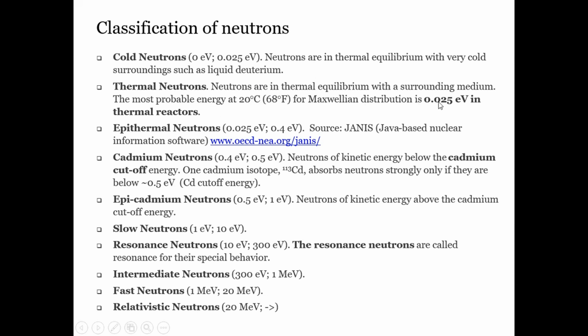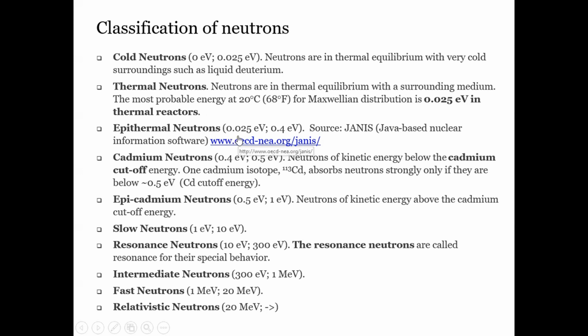For the Maxwellian distribution, the average energy is equal to 3/2 kT, where k is the Boltzmann constant and T is the temperature. If you substitute the temperature value and the Boltzmann constant, you get the average energy in joules, and converting joules into electron volts, you will find 0.025 electron volt energy. This is the energy of the thermal neutrons in thermal reactors.